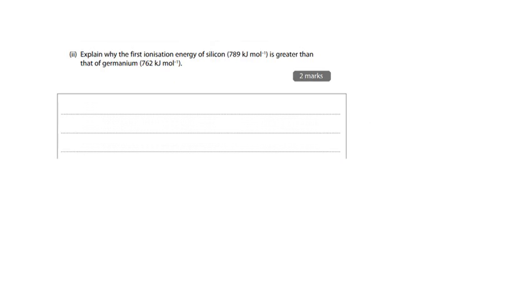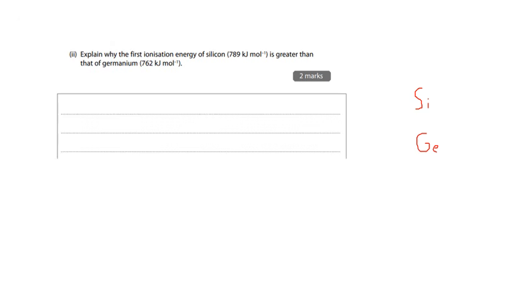Explain why the first ionization energy of silicon is greater than that of germanium. Okay, now we can explain this. First of all, let's have a look whereabouts these are on the periodic table. If you look on the periodic table, you'll see that silicon is above germanium. There's silicon, there's germanium there.